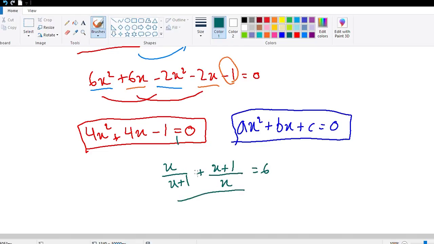This turned into that, and that looks exactly like that. That is surprising. So that's basically the concept of a hidden quadratic equation. It might not look like a quadratic equation at first, but after simplifying it a bit, it literally looks like the standard form of a quadratic equation.